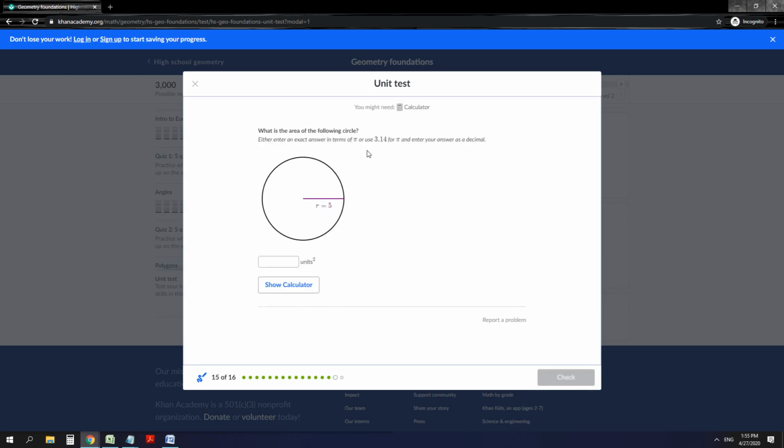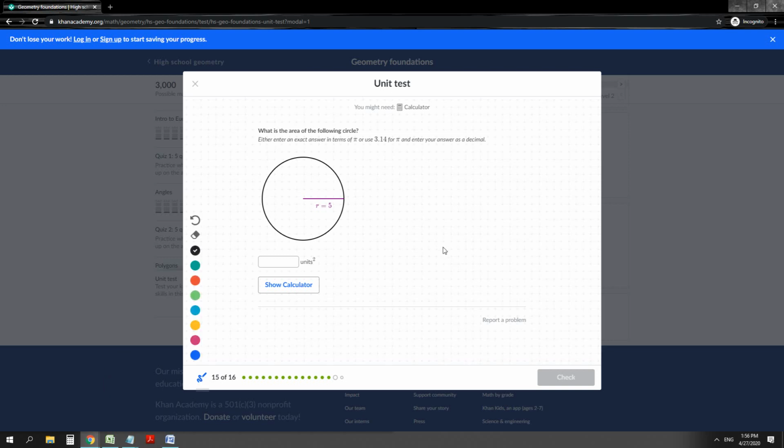What is the area of the following circle? Remember that we just talked about this. Area is pi r squared. Either enter an exact answer in terms of pi or use 3.14 as pi and enter your answer as a decimal. We're just going to use an exact answer, right? We know that it's pi r squared. Well, that's just 5 squared, right?